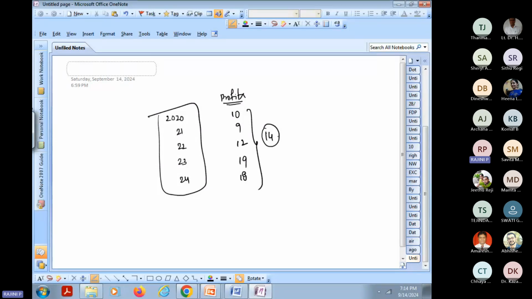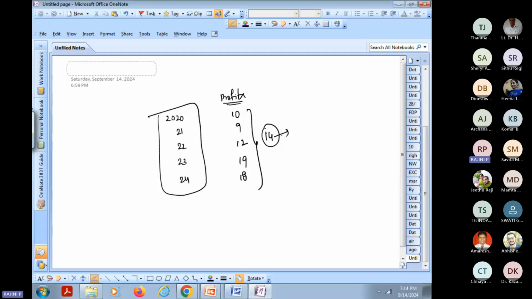I did not say that in the first year 10 lakhs, in the second year 9 lakhs, in the third year 12 lakhs, in the fourth year 19 lakhs, in the fifth year 18 lakhs. I told him that on average, over all these years, I got 14 lakhs of profit.